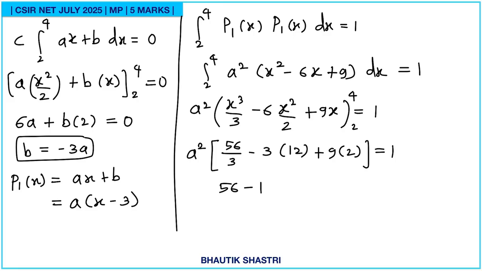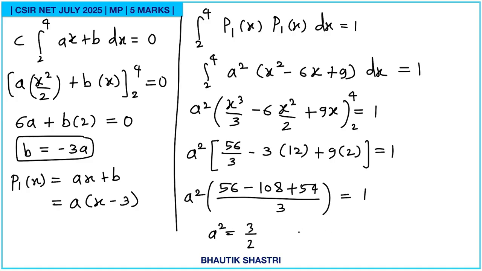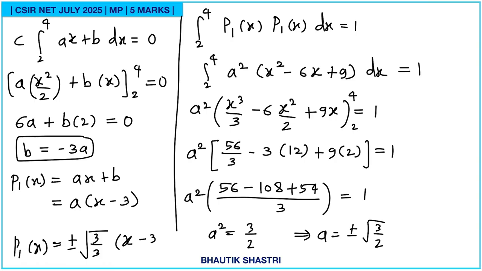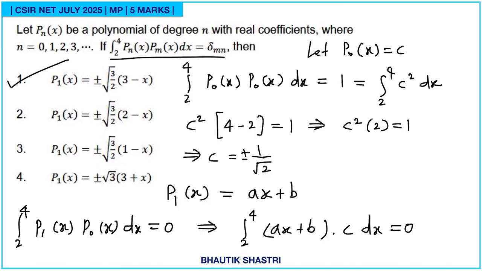So (56 minus 108 plus 54) by 3 into a², that is equal to 1. So we'll get a² is equal to 3 by 2. That means a is equal to plus minus root 3 by 2. So finally P1(x) is plus minus root 3 by 2 times (x minus 3). So option 1 is correct.